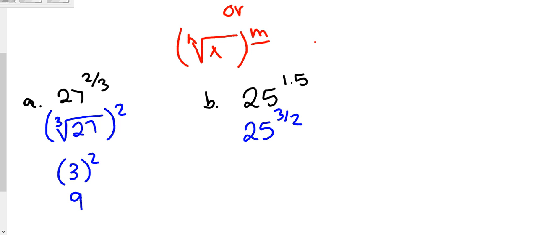And if we follow our form, that means we're taking a square root of 25 and then we're cubing it. You can cube it and then take the square root. You will get the same answer, but it's easier to take the square root of 25 first. So then we have 5 cubed, which is 125.